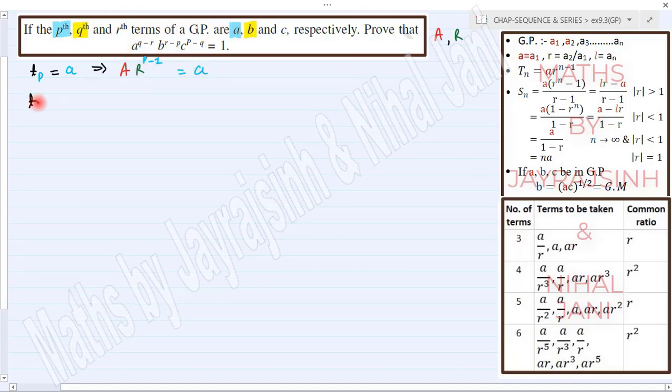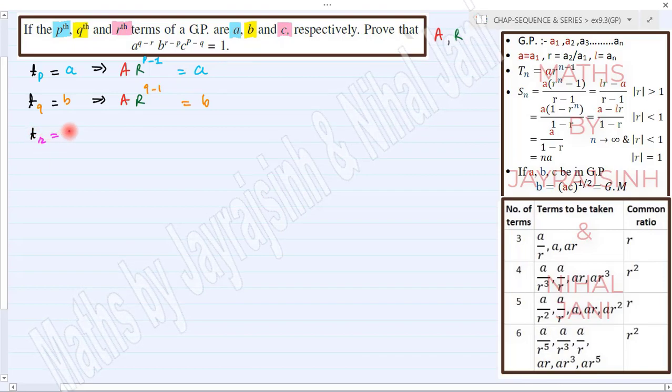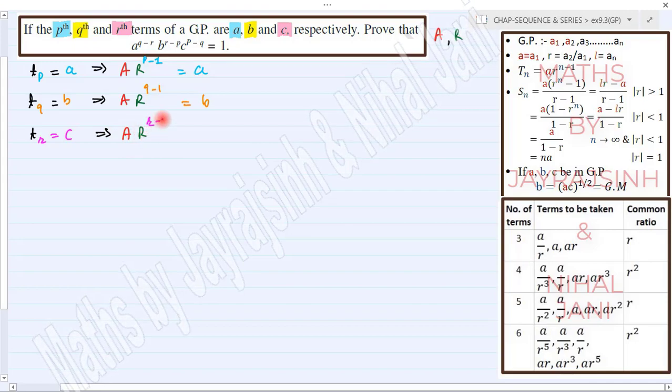Similarly, your qth term is b. So, we will get A R raised to q minus 1 is equal to b. And your rth term is c. So, you'll get A R raised to r minus 1 is equal to c.